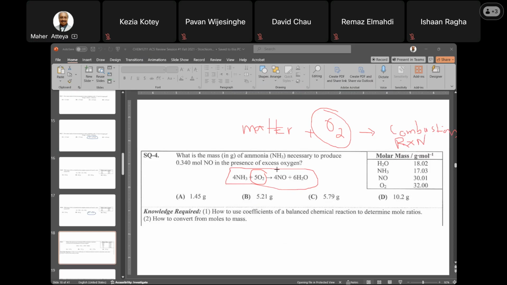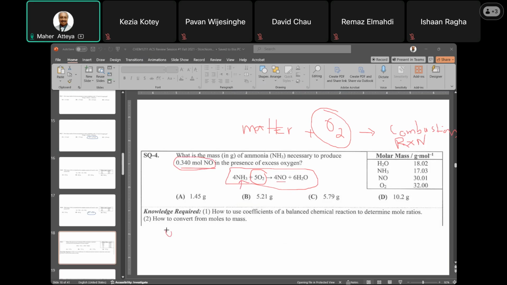let's calculate that. You started with 0.340 mole NO, correct? That's what you have produced. We need to know how many grams we have to put in as a reactant, the limiting reactant, to get this number of moles of the product. So now we have to reverse it. We start from the product side.